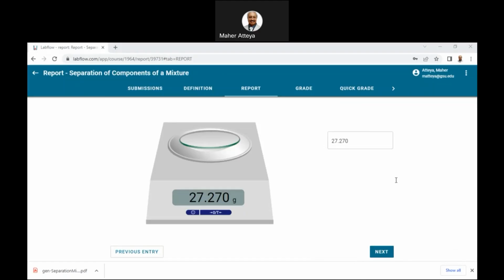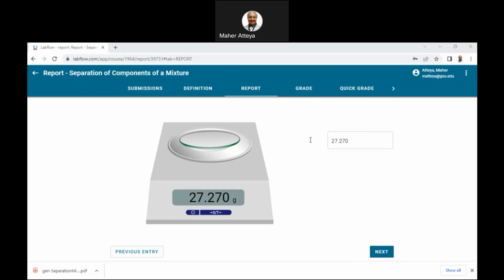The unknown sample is a mixture of ammonium chloride, salt, NaCl, and sand, SiO subscript 2, and ammonium chloride is NH subscript 4, and something Cl.